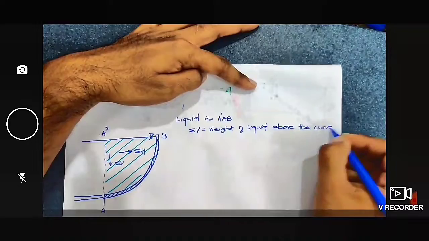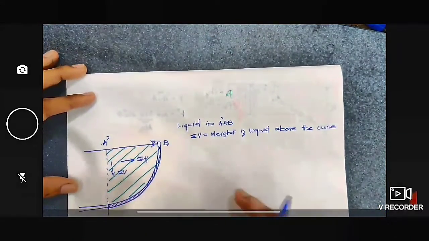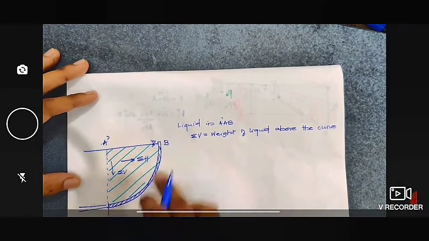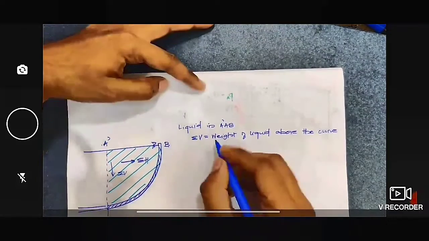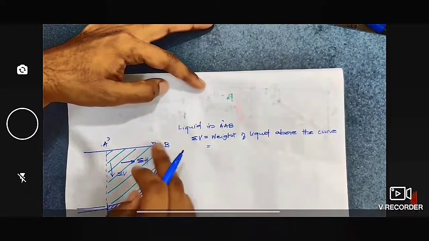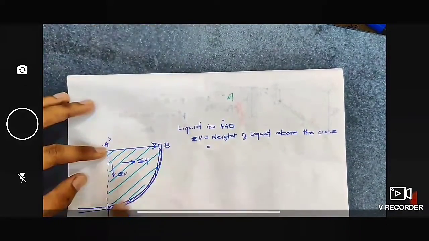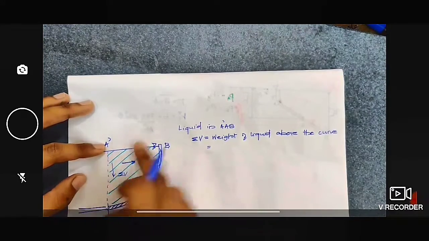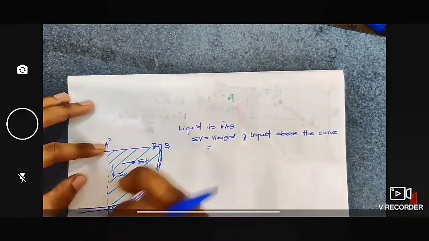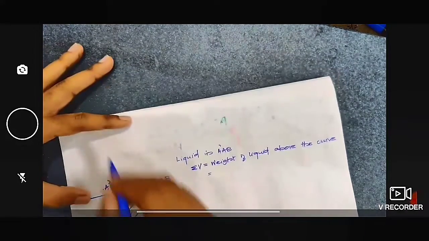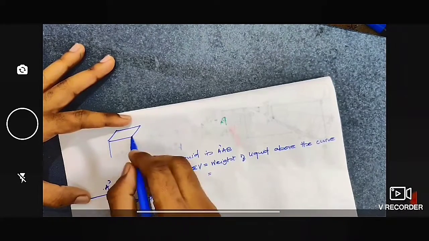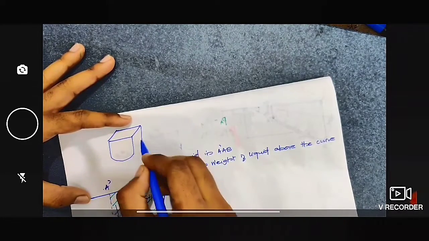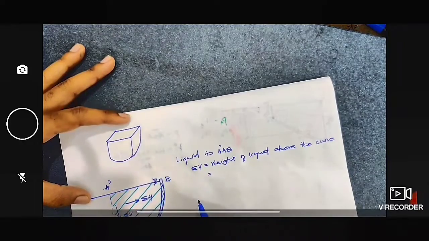See, for example, if this curve is having an area of this much, so the weight of the liquid will be equal to the area of liquid which I have shaded multiplied by the thickness. So if I need to show it with a container, say for example, you have a container like this.